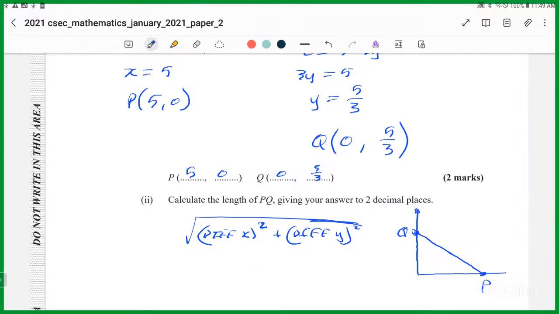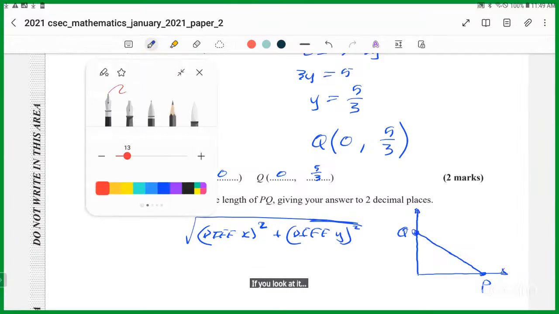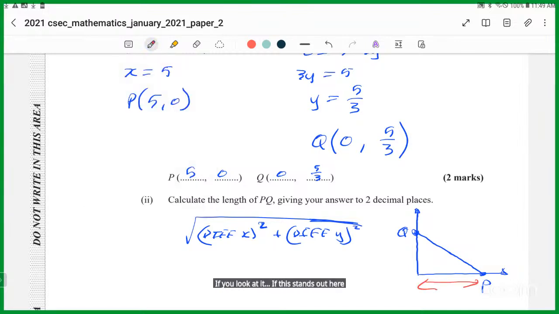This distance out here is the 5, so this length is 5. And this distance up here is the y value, 5 over 3. And the y-axis and the x-axis are at right angles to each other. So you have basically formed a right angle triangle inside here.